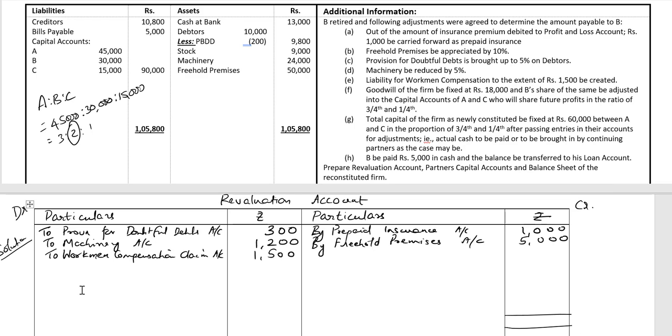Let's balance the account. Greater total is on the credit side, 6,000 rupees.